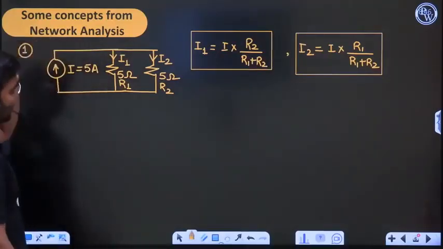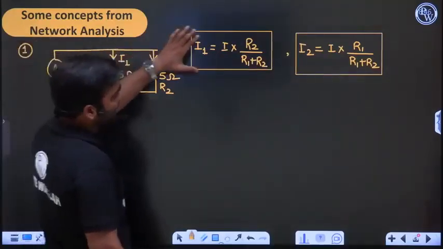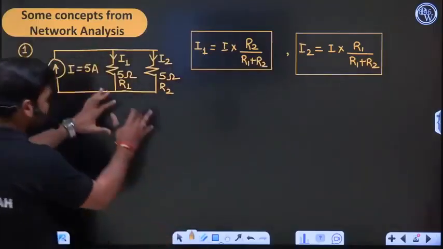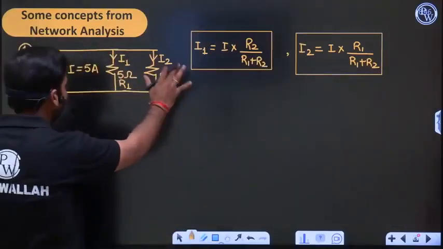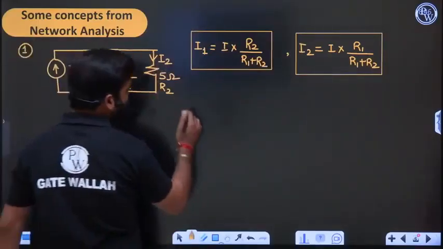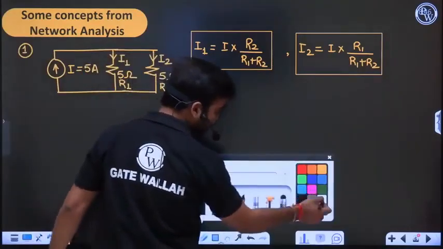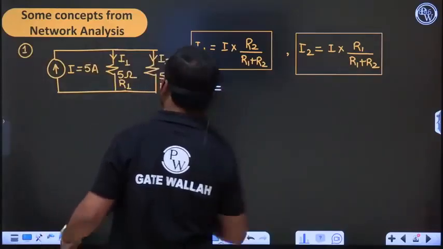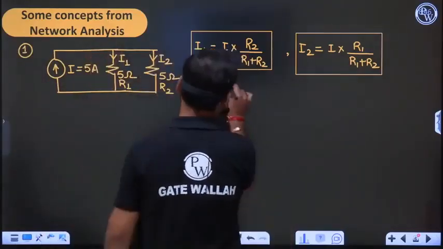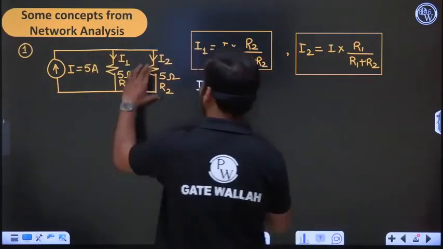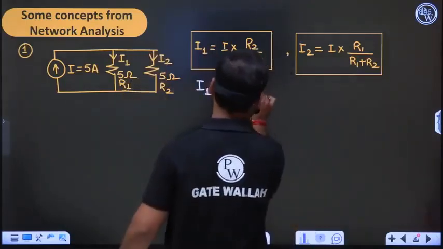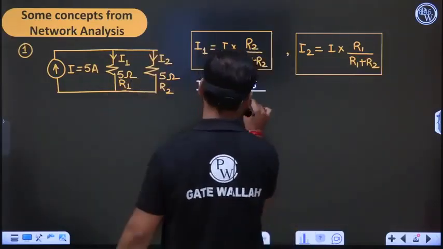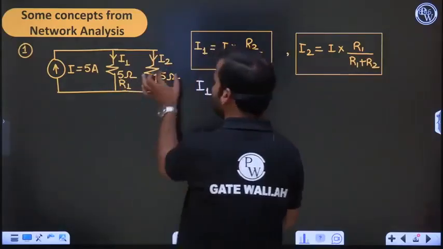So this is the current division rule. According to the current division, you can divide the current. If you want to calculate this in number format, you can convert it into numbers. So what is the answer for I1? This is the I1 current. I1 equals, how much current is coming? 5 ampere, multiplied by the opposite resistance R2, that is 5, upon 5 plus 5. I have taken the same number, 5 ohm, 5 ohm.